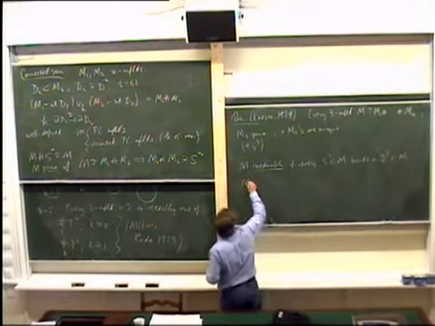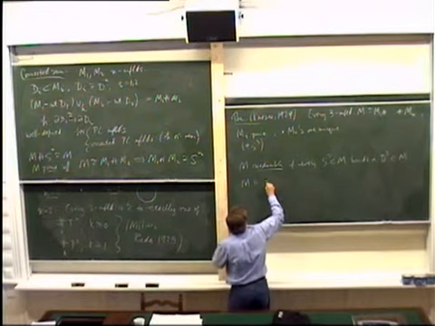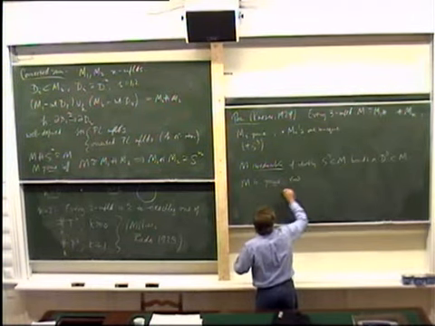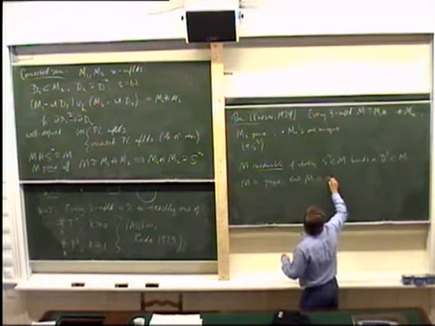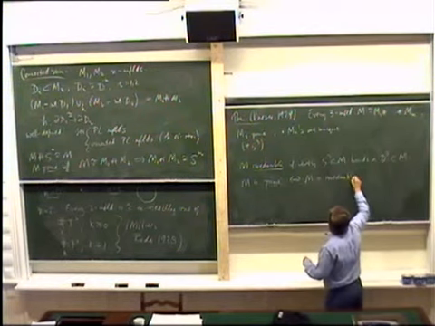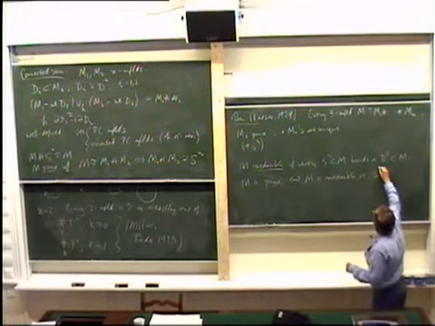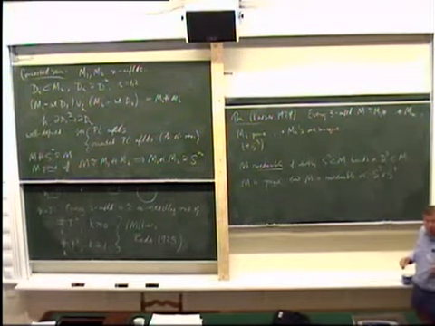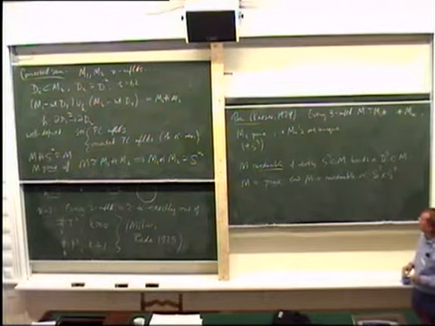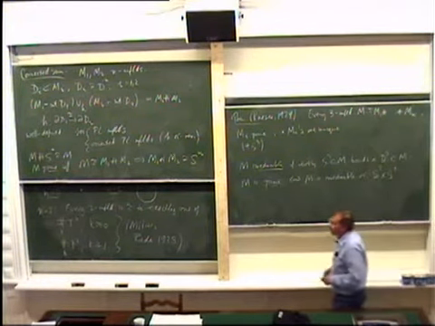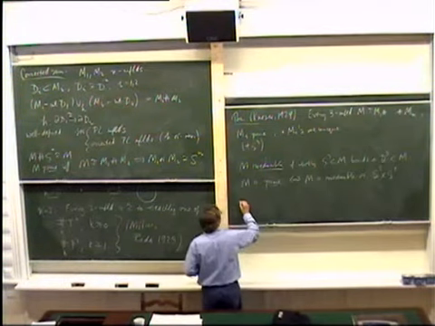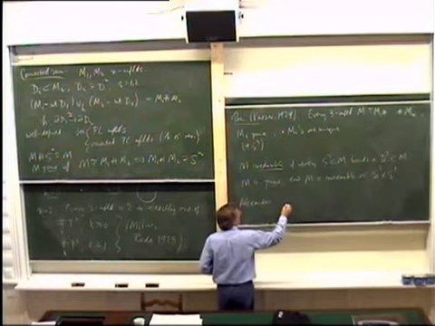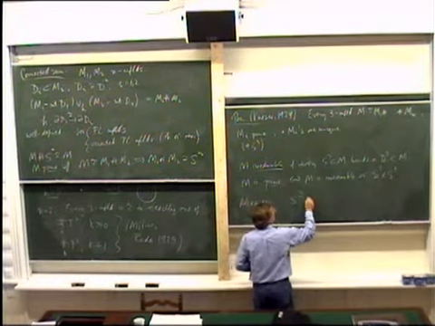M is prime if and only if M is irreducible or S2 cross S1. So S2 cross S1 is clearly not irreducible, but it is prime. And a famous theorem of Alexander is that S3 is irreducible.